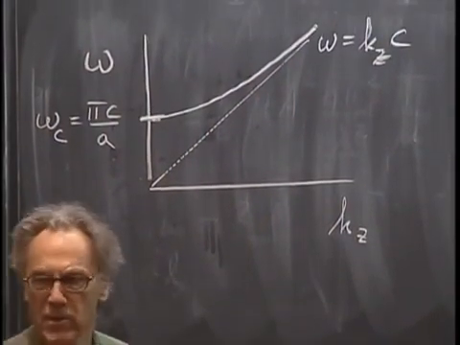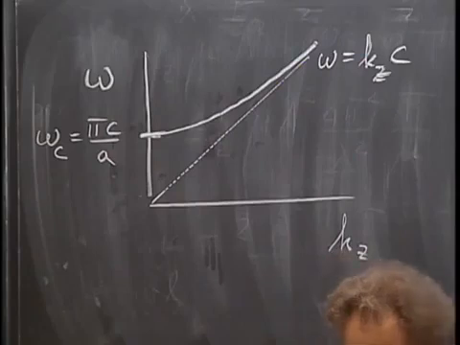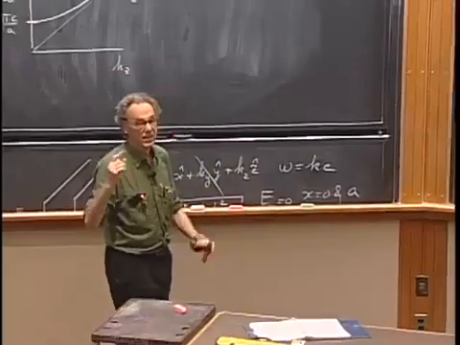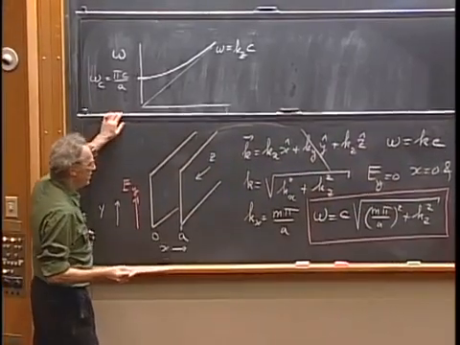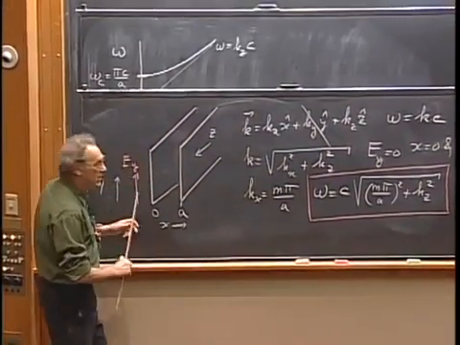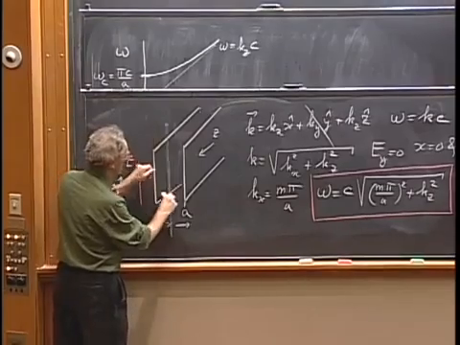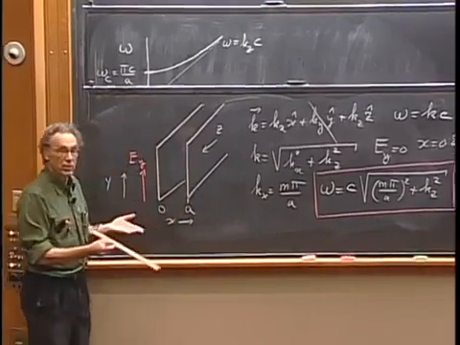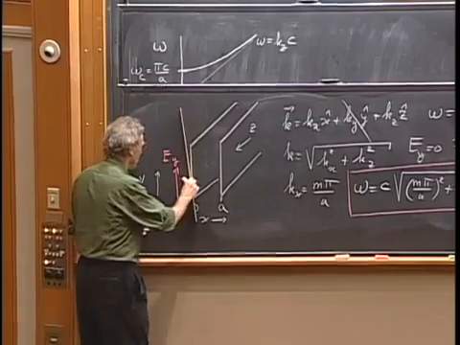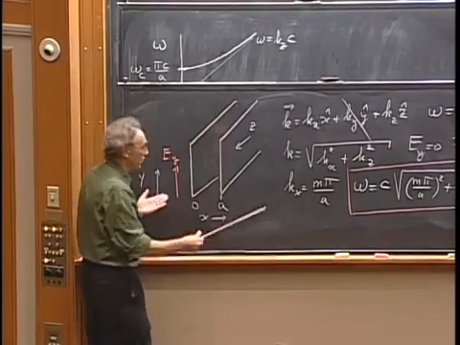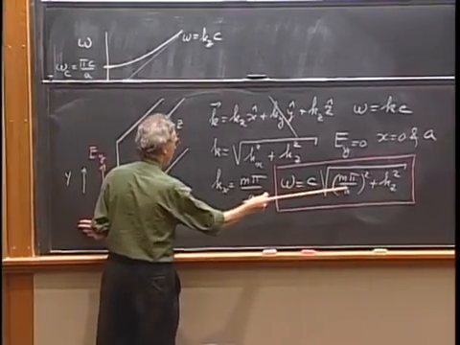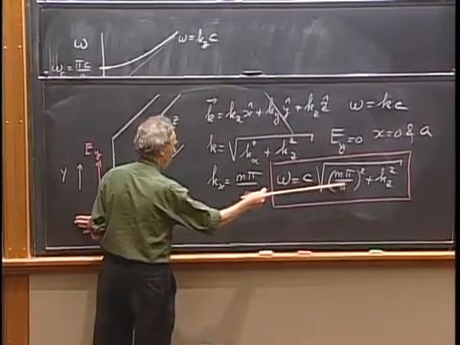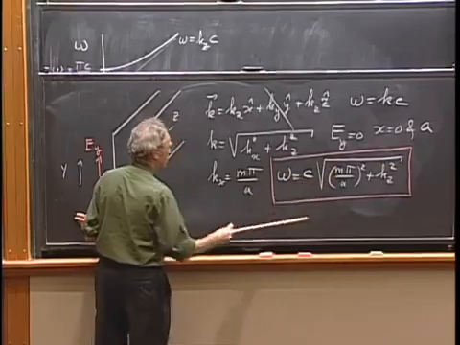No frequency below that value can propagate through the gate, so to speak, through the opening, because it cannot meet the necessary condition that the E field becomes 0 here and 0 there, which is non-negotiable. It has to become 0 here and 0 there because it's an ideal conductor. So kx must obey this boundary condition.